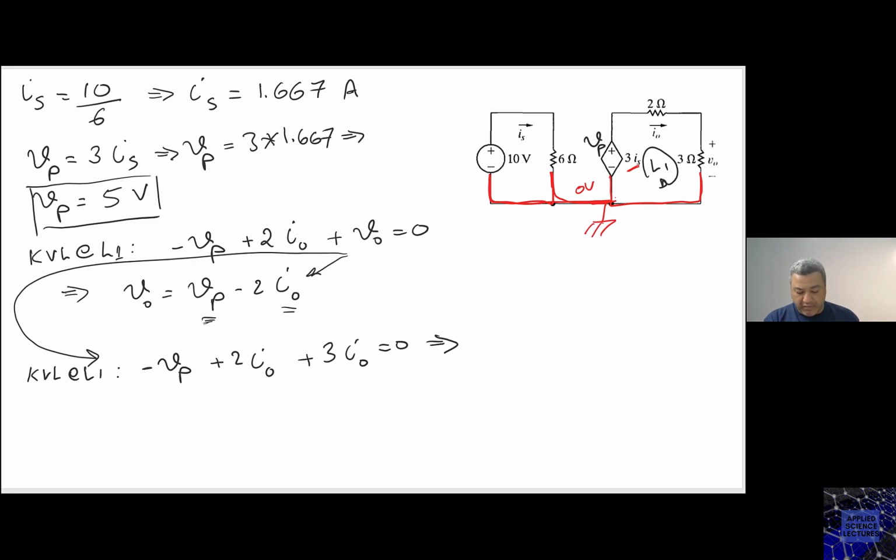Then I have 5 I naught equals VP, right? Or I naught is VP divided by 5. VP is 5, divided by 5, I naught is 1 ampere.